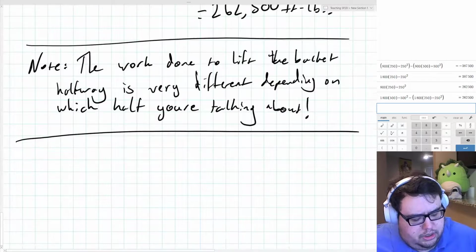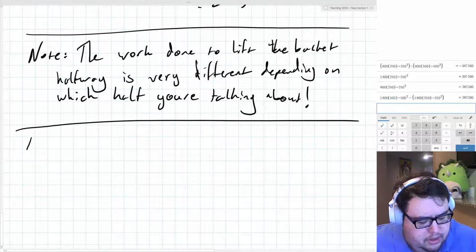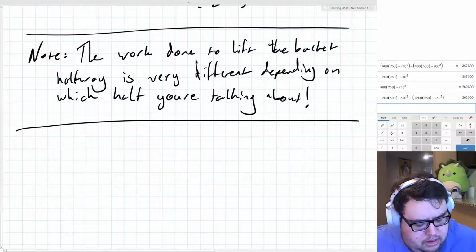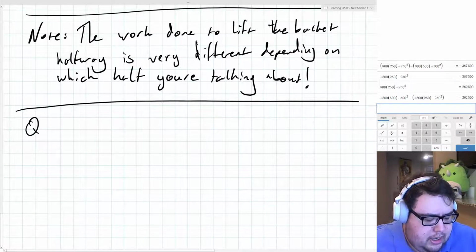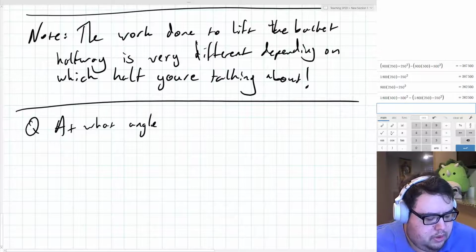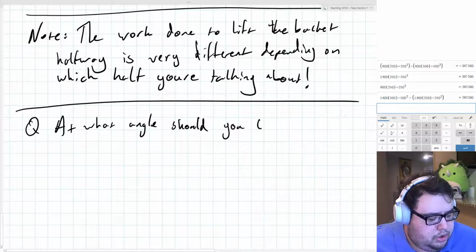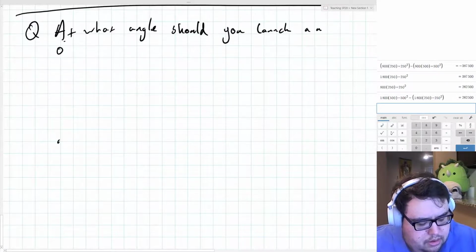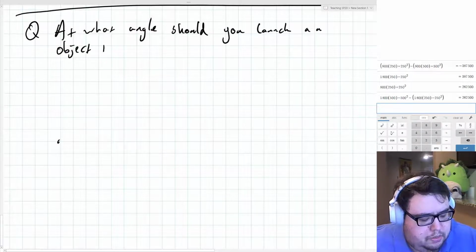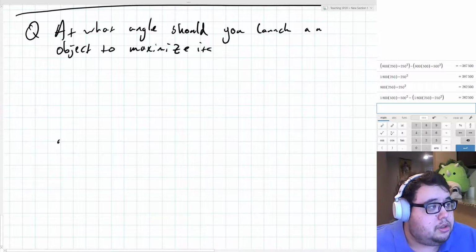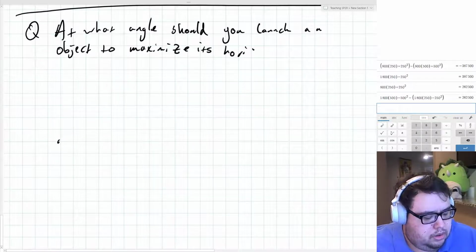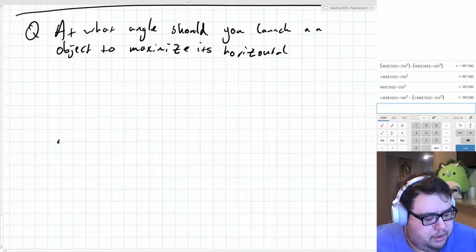So the question is, at what angle should you launch an object to maximize its horizontal travel distance?